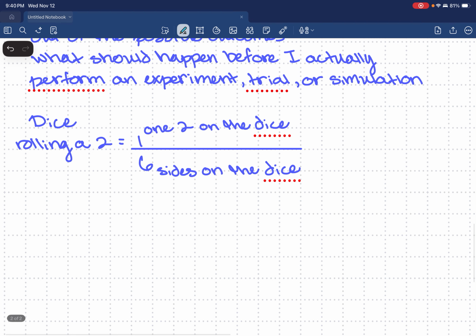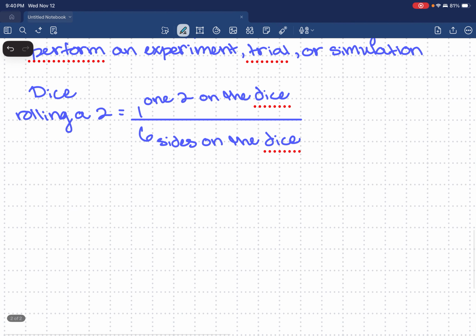All right, so we can also think about, let's say, rolling an even number. I'm not actually rolling it. It's just, what do I expect to happen? So how many numbers on a die are even? 3, because we have 2, 4, 6.